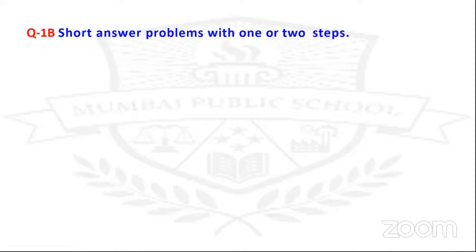Now, question number 1B. These are the short answer problems with 1 or 2 steps. As I've already mentioned there, listen, these are 1 or 2 step answers. Understood? And here also, the examiner does not expect all the steps which you want to show. Here you can directly write the answer.